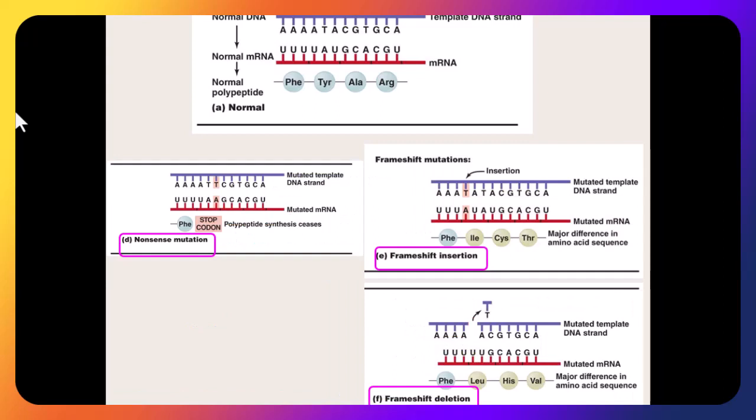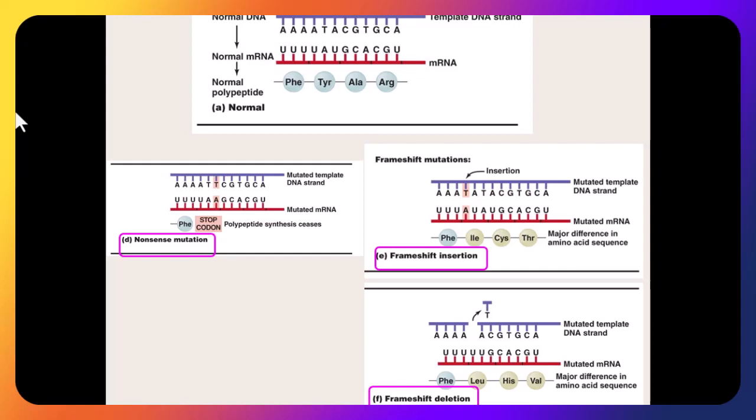Other types of changes for point mutations. So again, there's your original DNA, original messenger RNA, original amino acids. Well, now I'm going to change, right in the middle, there was an A. I'm going to make that a T. And everything still goes the same. Phenylalanine gets read, that UUU.